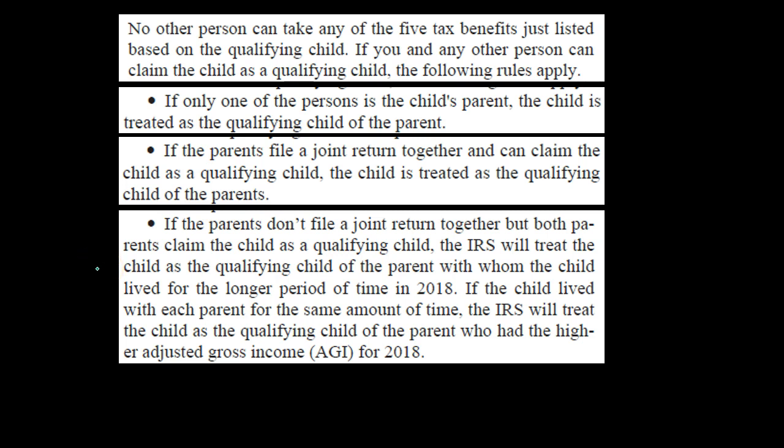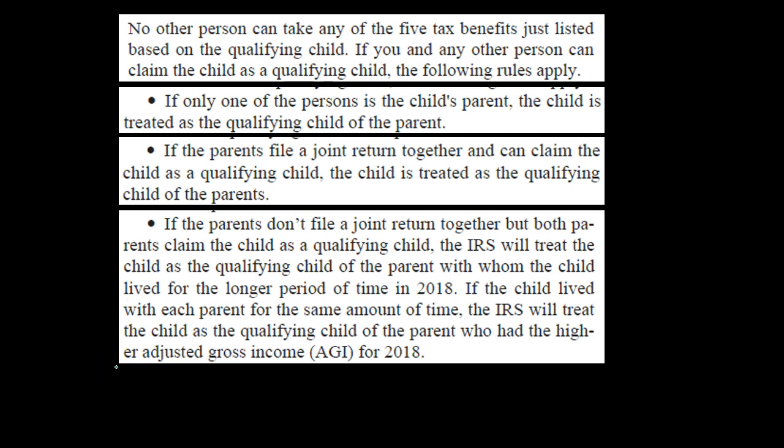So it's typically going to default to which parent had more control or custody in terms of the living of the child. If the child lived with one parent more than the other, that would usually be the tiebreaker. Now, a lot of times, at least in the divorce agreement, there's a 50-50 split. And if it's even between the two, then it goes to the parent with the higher adjusted gross income.